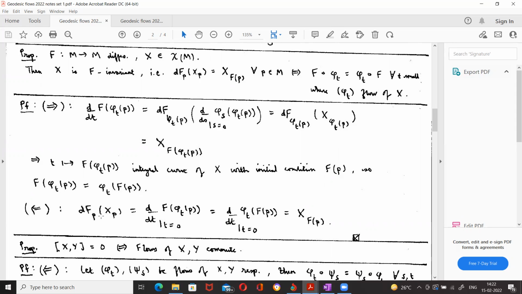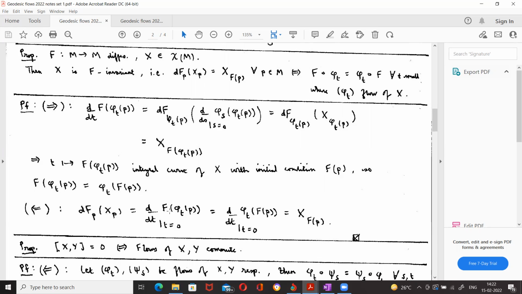So we use the fact that X_p is the derivative of the curve phi t of p, and df_p of X_p, therefore, I can write as d/dt at t equal to 0 of f of phi t of p, right? By the chain rule, right?